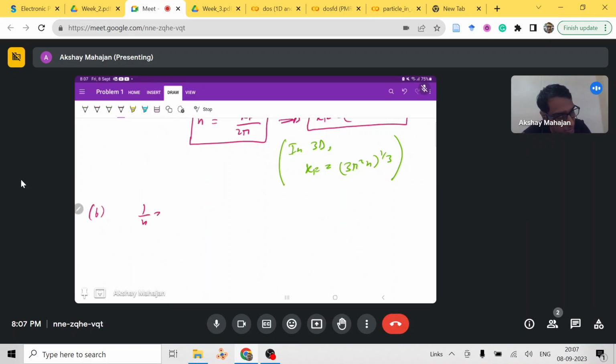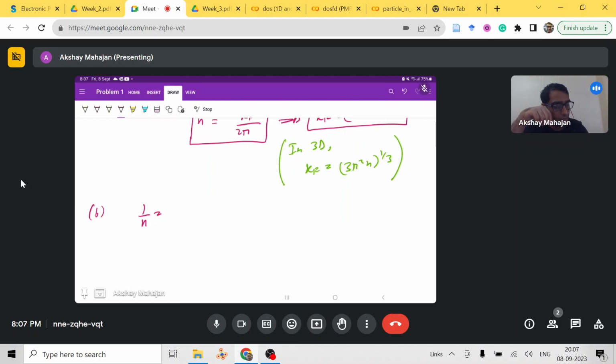As we know, rs is basically defined as the radius that gives us the area or the volume, like in 3D, that an electron occupies. So that will be equal to 1 by n, in case of volume, or here n is per area.